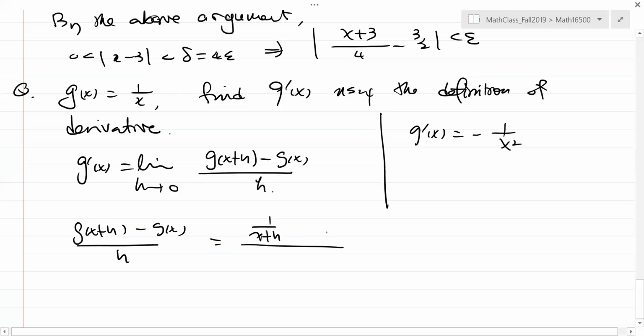There are a number of students who did not write this correctly. The first part is just the concept: what is g of x plus h? The next part is just simplifying.